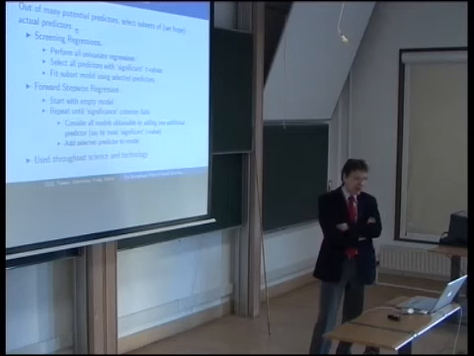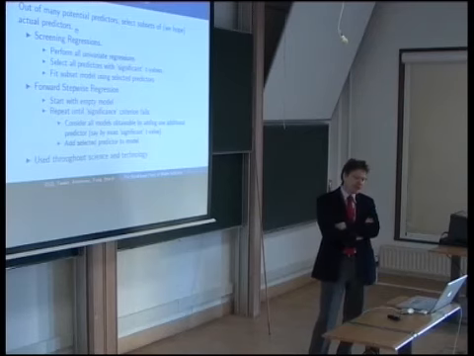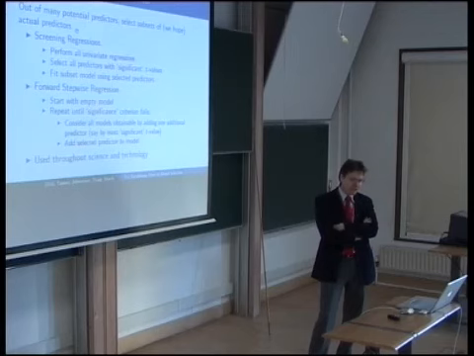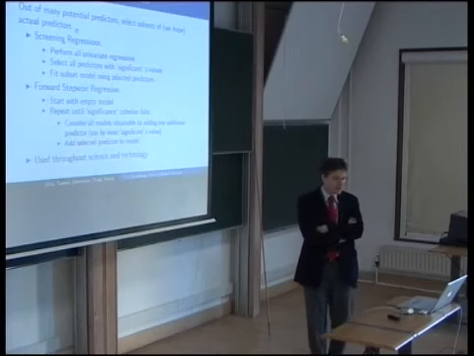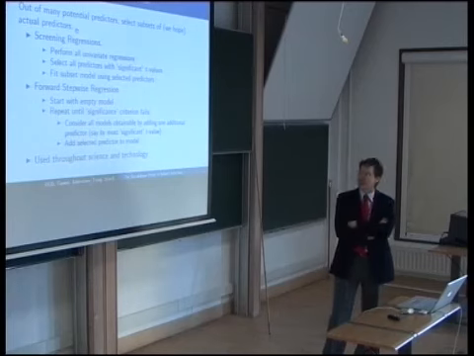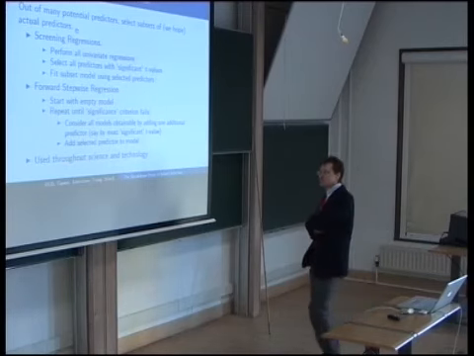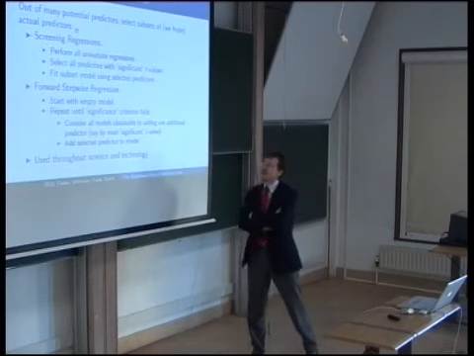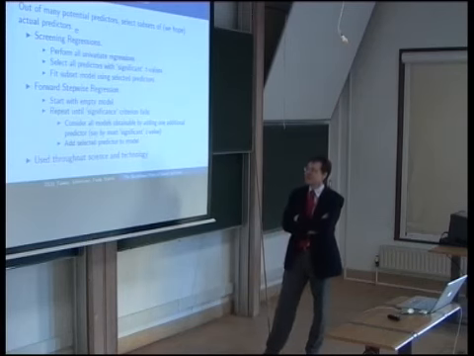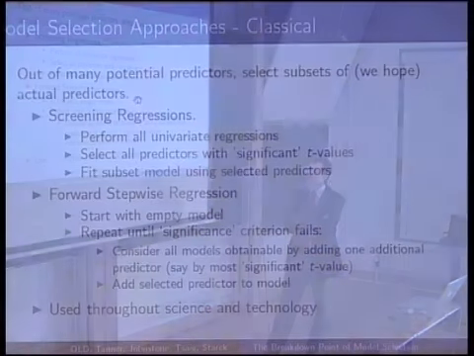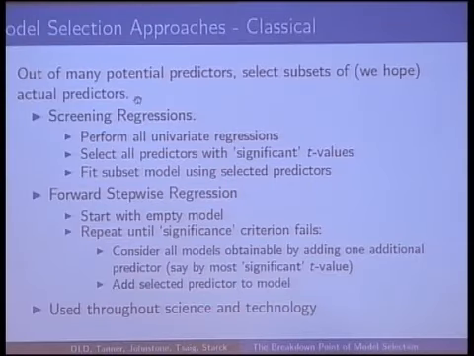I was then taught that screening regressions wasn't such a good idea because there were interactions between variables, and the orthogonalization that ought to be done was being ignored. And so there's a technique called forward stepwise regression, which was the second thing I ever did as a 17-year-old. Start with an empty model, then repeat the following loop until you decide that there's no significance remaining.